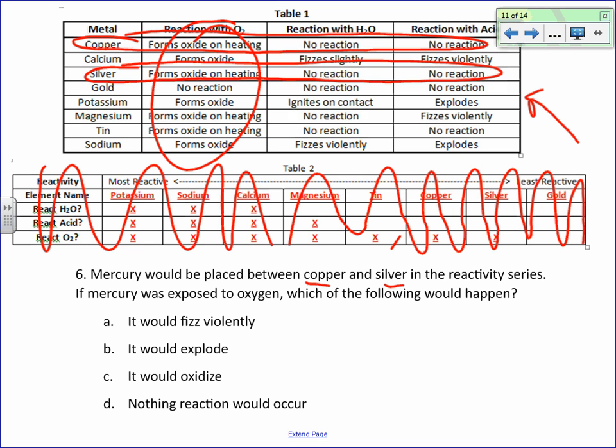What we see is that copper, that would have had a check mark in it, reacts with oxygen. Silver also reacts with oxygen. If we know that mercury would be between copper and silver, we also know that it should oxidize. It should form an oxide on heating. All right, now again, we can do that without this little table. We can just use the big one for that.